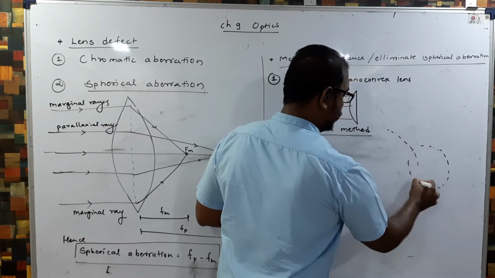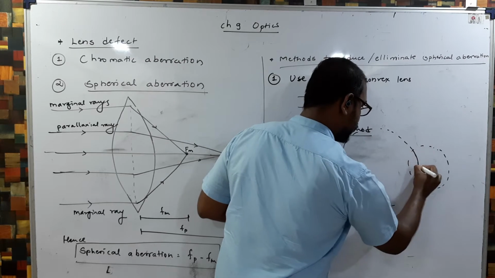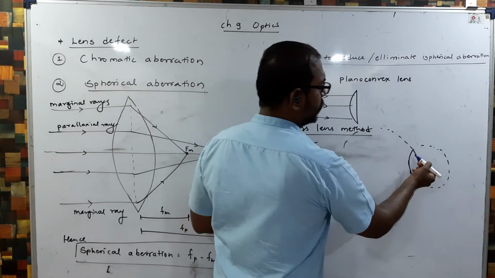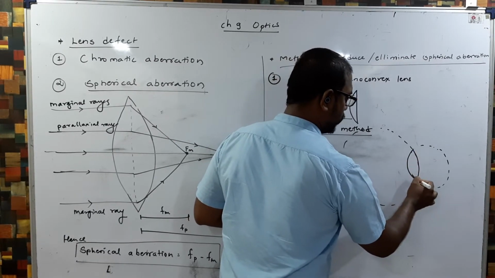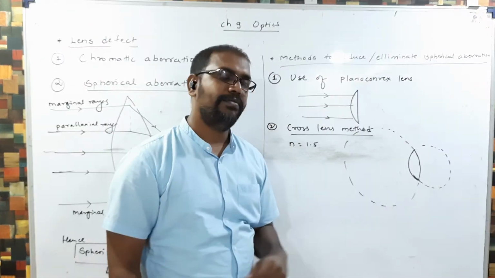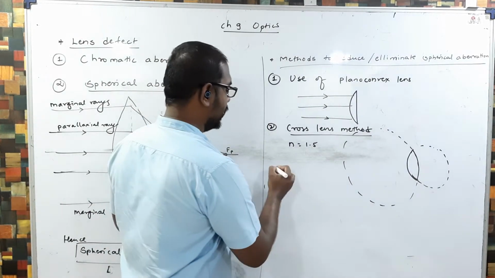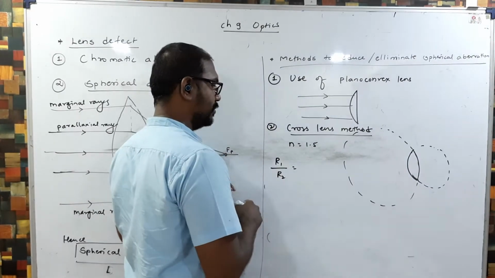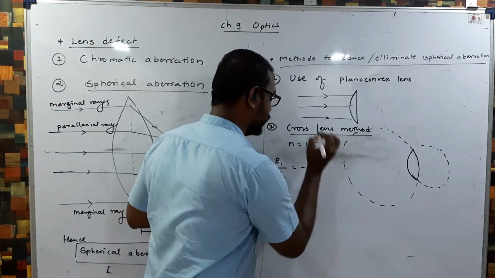You can see here, this is the first surface and this is the second. This is the lens. If we consider the refractive index of the lens material to be 1.5, then the lens is designed in such a way that the radius of curvature of the first surface divided by the radius of curvature of the second surface is minus 1:6.